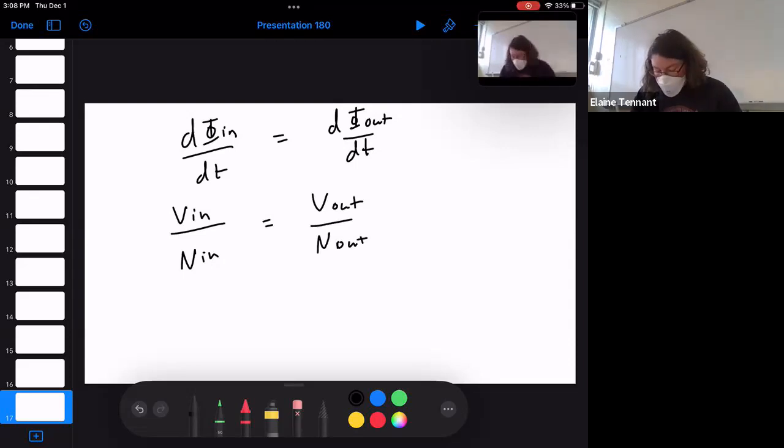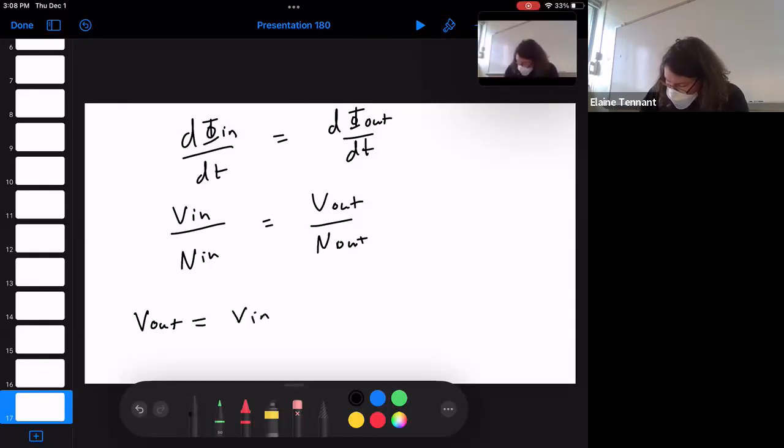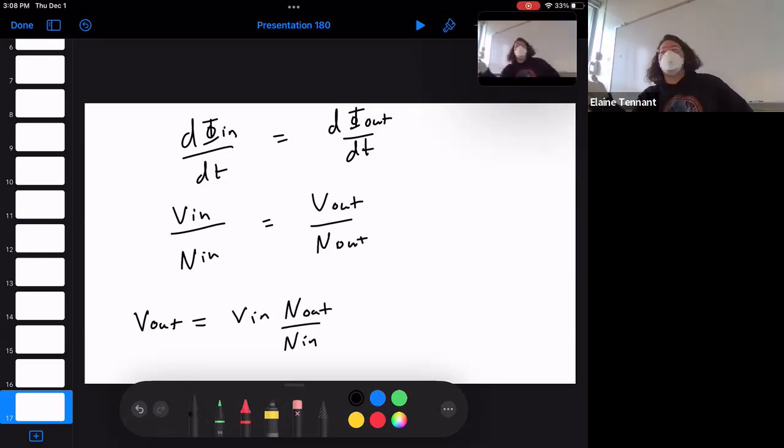So I'm hoping that you can see that you can control what your out voltage is by just varying the number of coils, in out over in. If you have more coils on the outside, you'll get a higher voltage. If you have more coils on the inside, you'll get a lower voltage. Valid?